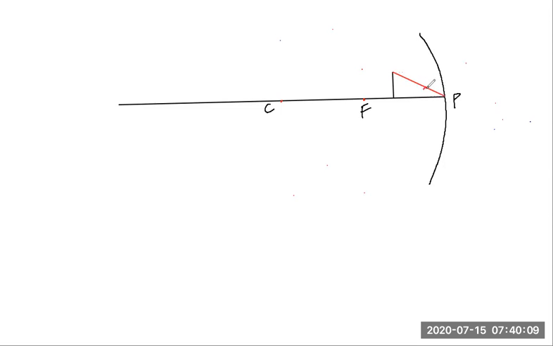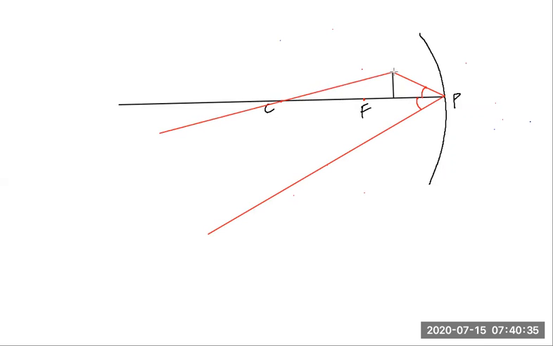As per the rule of reflection, the same should be the angle of reflection. So where would be the reflected ray? The reflected ray will be here. Am I right? Now the second one, you draw from the tip of the object passing through C.